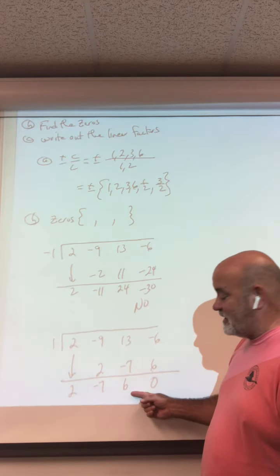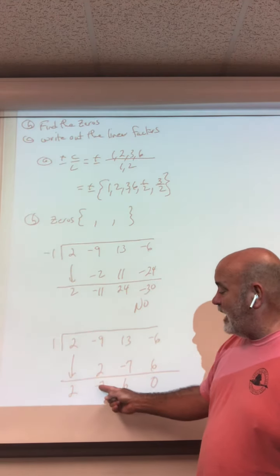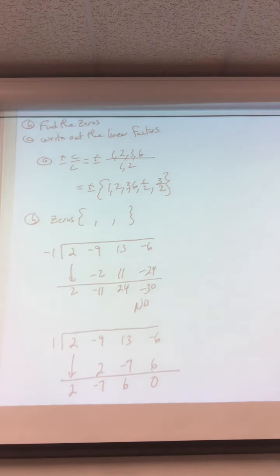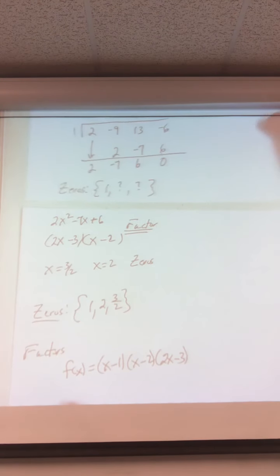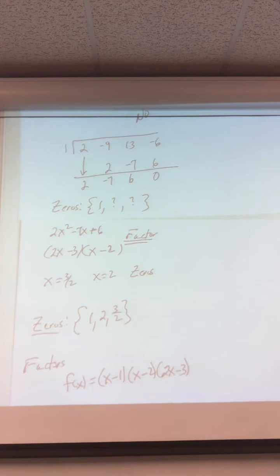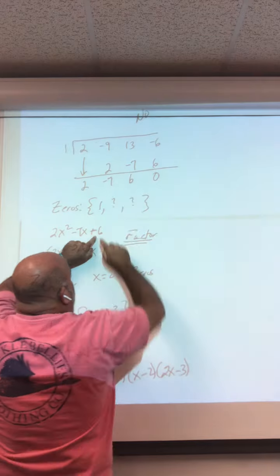So now this is a second degree. So this is 2x squared minus 7x plus 6.